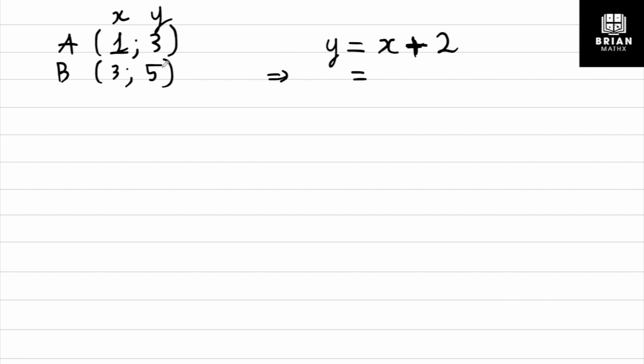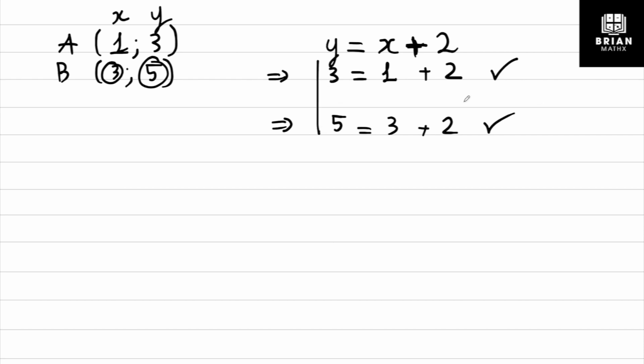You can substitute x = 1 and y = 3 into this equation, and the calculation is right: 3 = 1 + 2. For B, substitute x = 3 and y = 5, and you also get the right calculation.